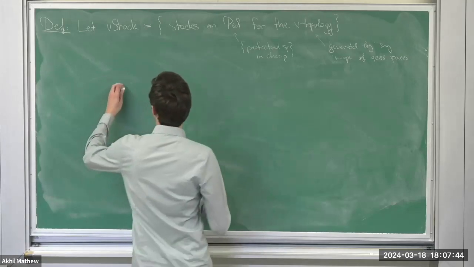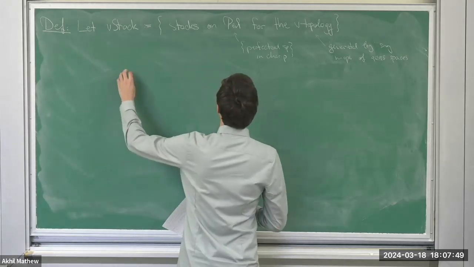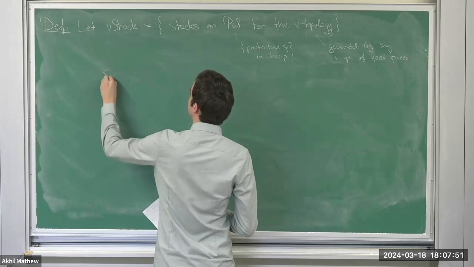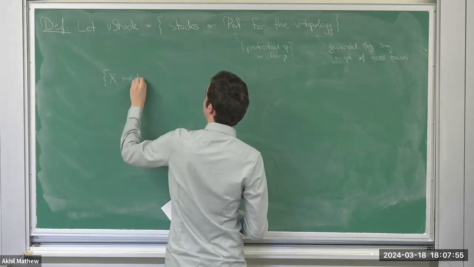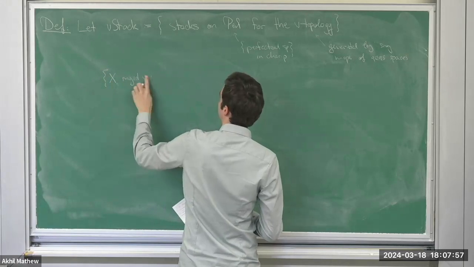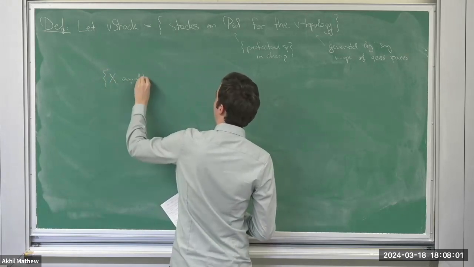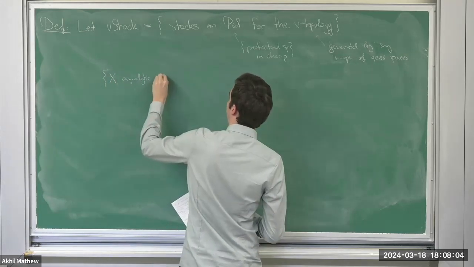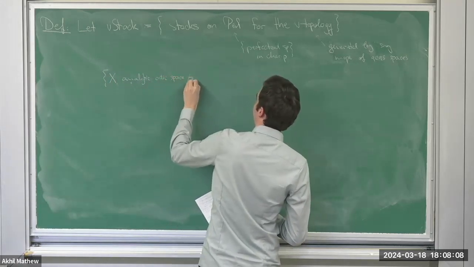Namely, I can still embed a rigid variety, or maybe let's say an analytic space over Q_p.